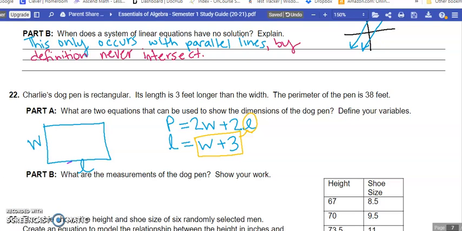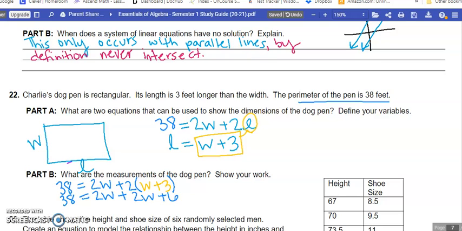So I have perimeter, which really I should have put the 38 in here too, so I apologize because they did give us that 38 for the perimeter. Go and plug it in. So we have 38 is equal to 2W plus 2 times the length, which is W plus 3. So then we have 38 is equal to 2W plus 2W plus 6.